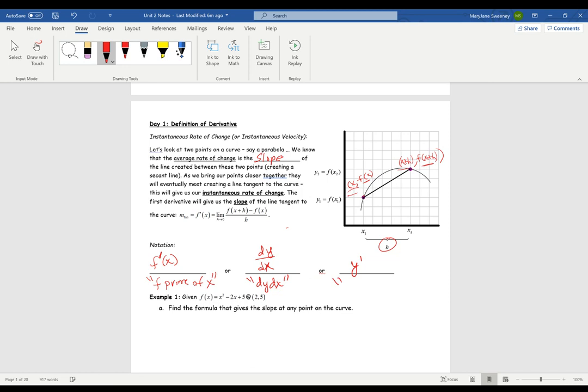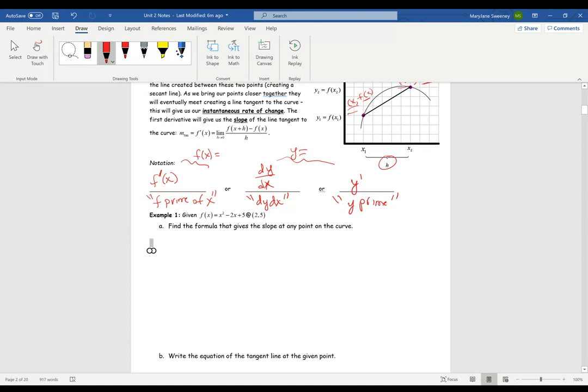Or y prime, and that is read y prime. What they usually do is if the equation is a y equals, then your slope of the tangent line, your first derivative, would either be dy dx or y prime. If it's f of x equation, then they would use the f prime of x.